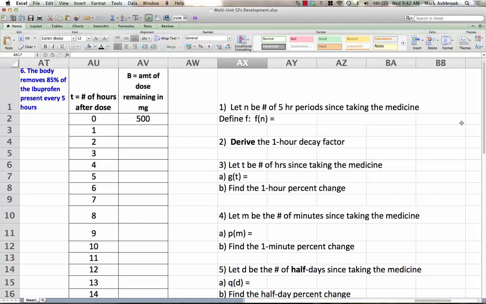Hey, make sure you get number 1 right. If you want us to check number 1, let us know. That's number 2. Do number 1 first. Yes, right.